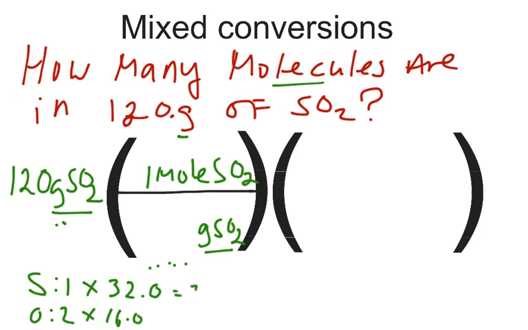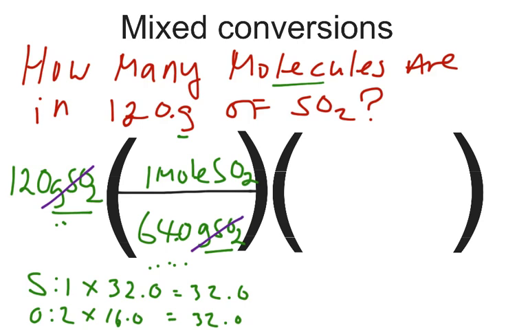So we have 32, and 32 again, and 32 and 32, no calculators, is 64. So we got 64.0 right there. Now, our grams and our grams will cancel out. We're not doing any calculation yet, we're just setting it up.